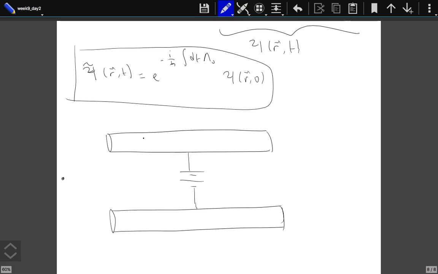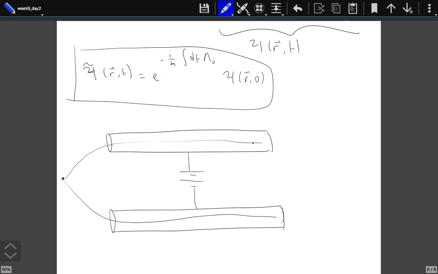But you see, what happens is, the wave packet that goes through the upper cylinder acquires one phase that is proportional to the potential over there, and the wave packet that goes through the lower cylinder acquires a different phase, proportional to the potential over there. So there will be a phase difference.